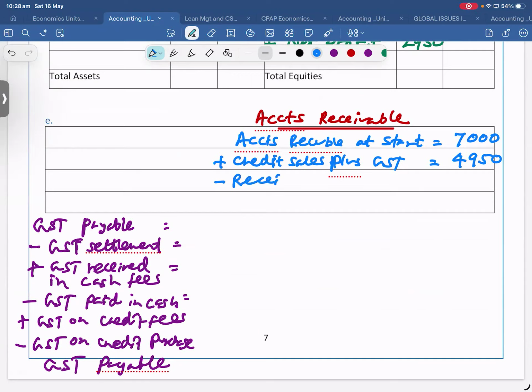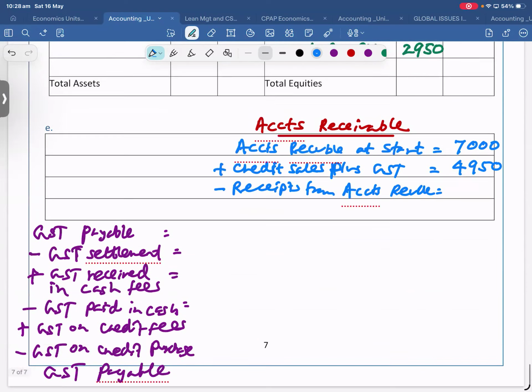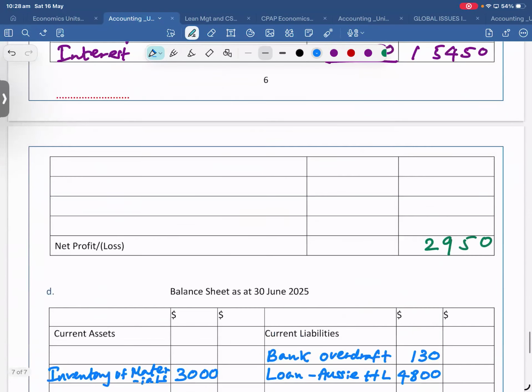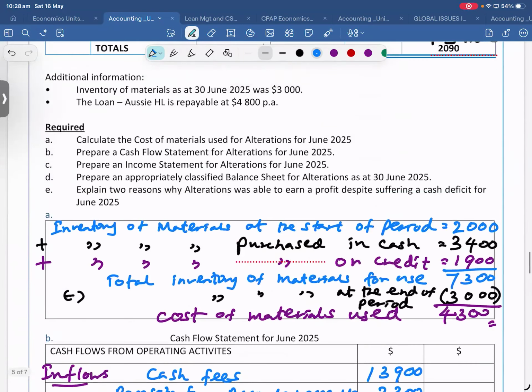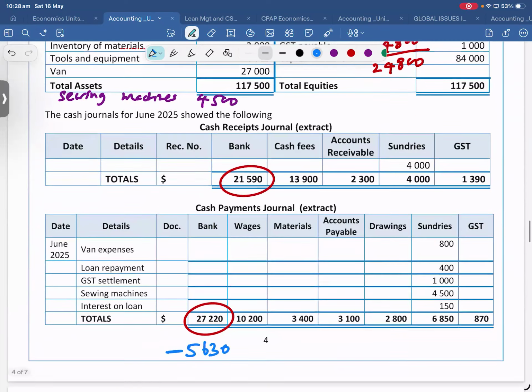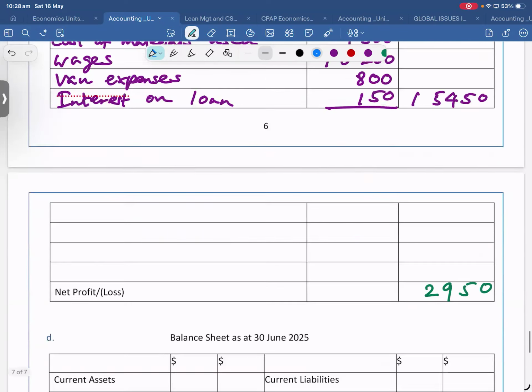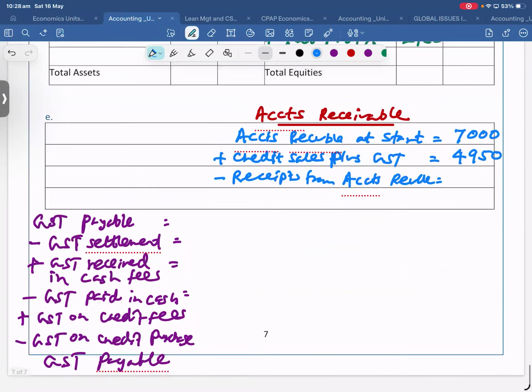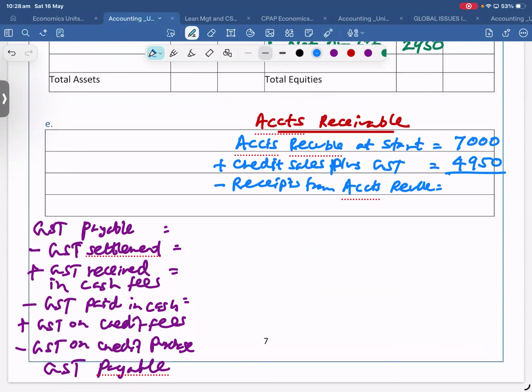Then from this one we are subtracting cash receipts from accounts receivable. Where can we find it? In the cash receipts journal, very good, which is 2,300. So you subtract it. If you add them together, you get the total amount that accounts receivable had to pay us.